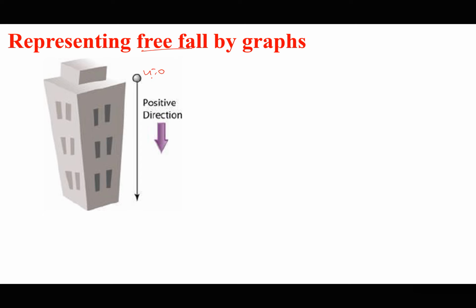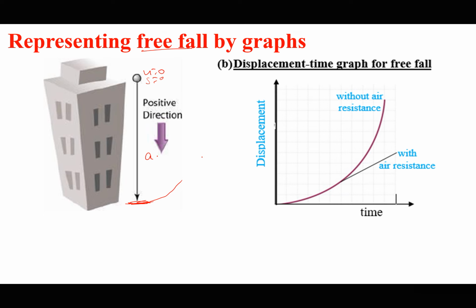When we move towards the ground, when we reach the ground, the final displacement will be maximum. And if there is no air resistance, the displacement increases uniformly. That's why we have a curve like this one here. The displacement is going to increase smoothly like this.